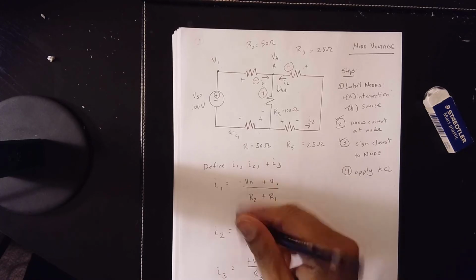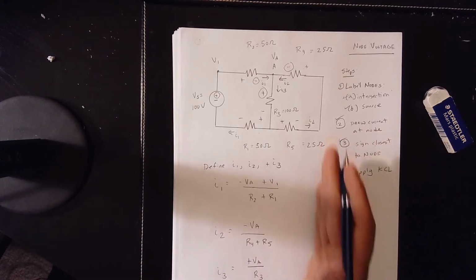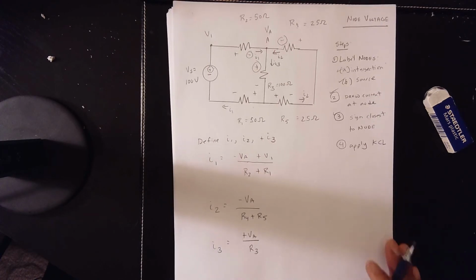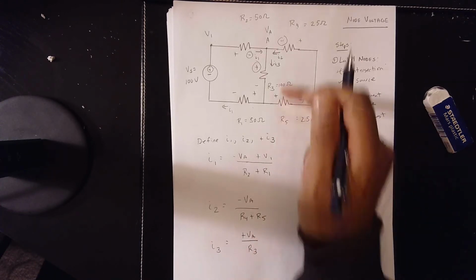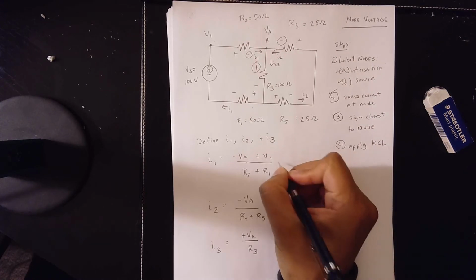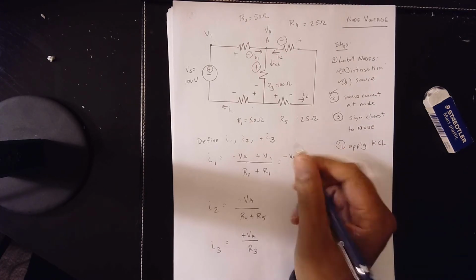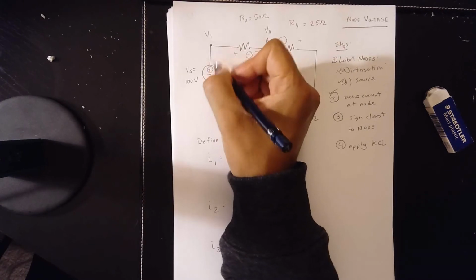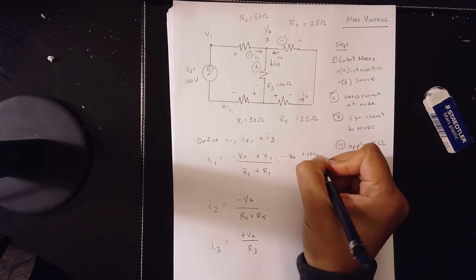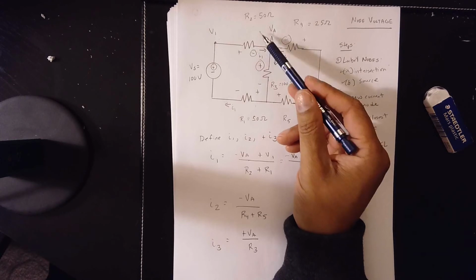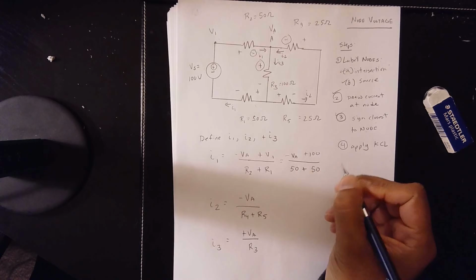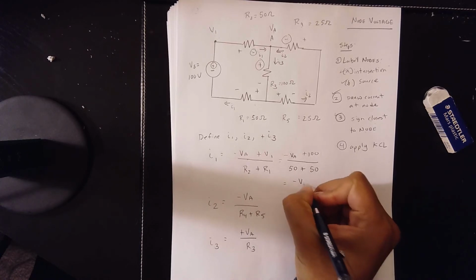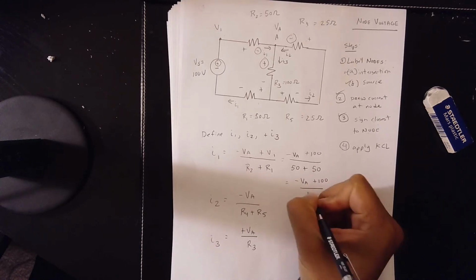Okay, so with this in mind, let's first define this problem. I3 is plus VA over R3. So what is VA? We don't know. V1 is clearly 100 volts going down, so that's plus 100. R2 is 50 and R1 is 50, so I1 is minus VA plus 100 over 100.